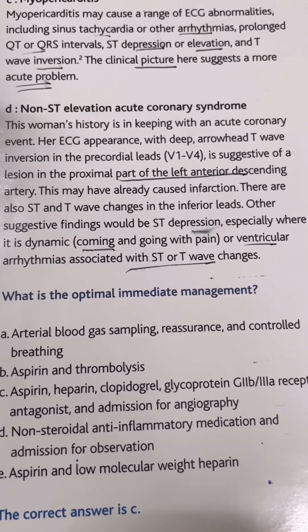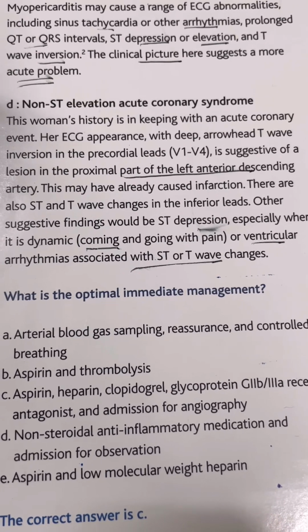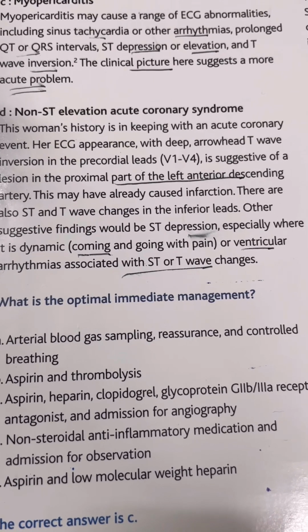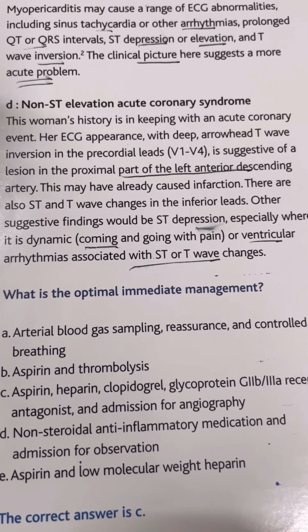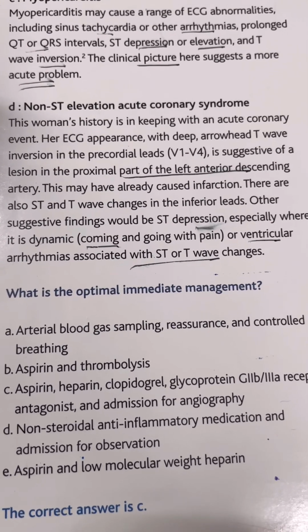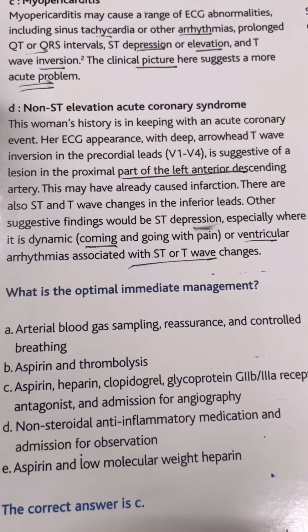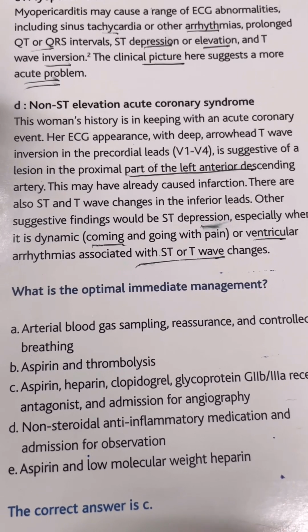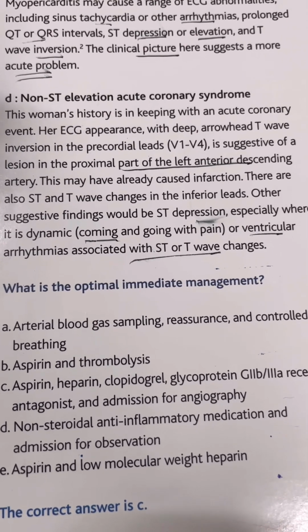This may have already caused infarction. There are also ST-T wave changes in the inferior leads. Other suggestive findings would be ST depression, especially where it is dynamic, coming and going with pain, or ventricular arrhythmias associated with ST or T wave changes.